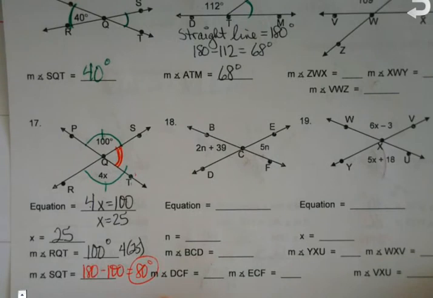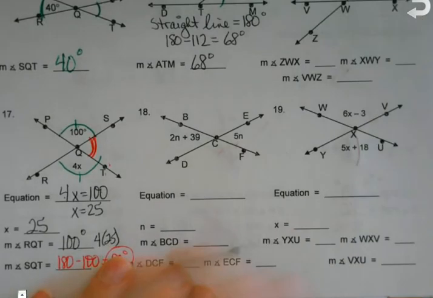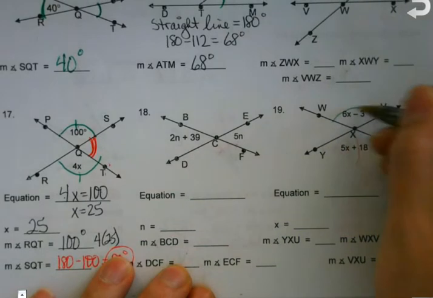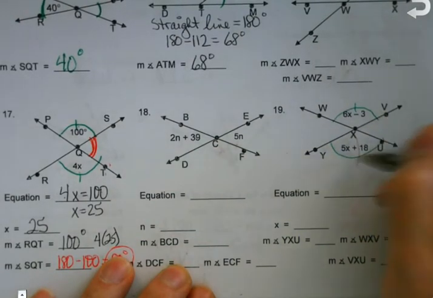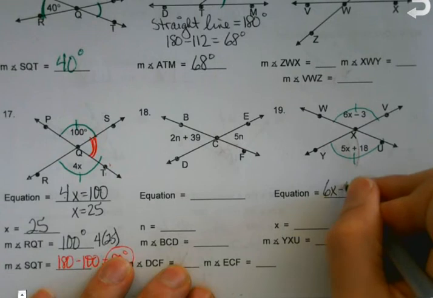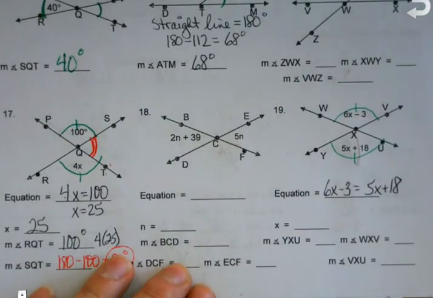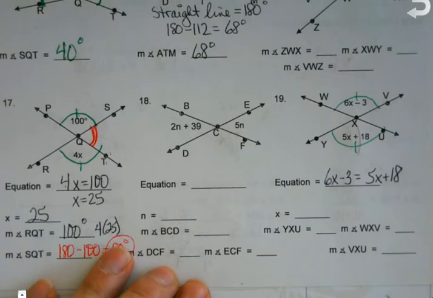19 does the same thing for us. They're across from each other. Set them equal. Let's stay focused up here.